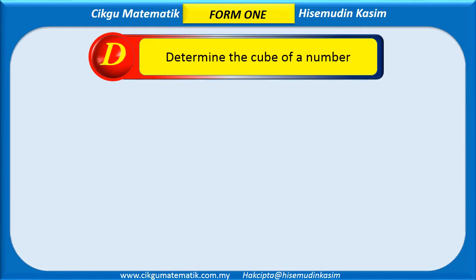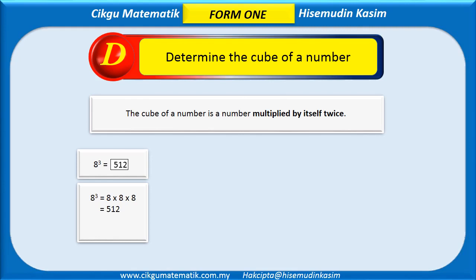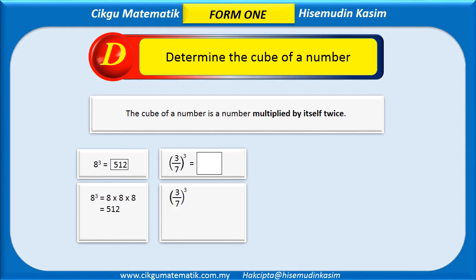D. Determine the cube of a number. The cube of a number is a number multiplied by itself twice. 8 cubed equals 8 times 8 times 8 equals 512. 3 over 7 cubed equals 3 over 7 times 3 over 7 times 3 over 7 equals 27 over 343.